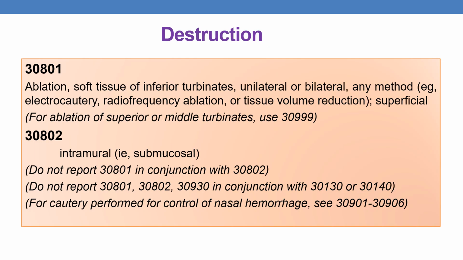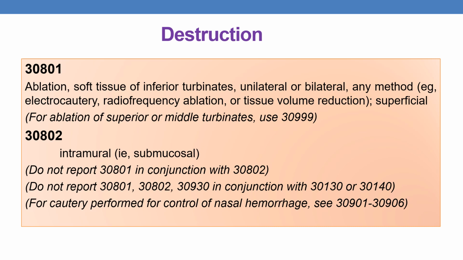Now coming to next topic, that is destruction. The first CPT is 30801, ablation soft tissue of inferior turbinates, unilateral or bilateral, any method. For example, electrocautery, radiofrequency ablation or tissue volume reduction, superficial. And for ablation of superior or middle turbinates, you need to use 30999. The next CPT is 30802.